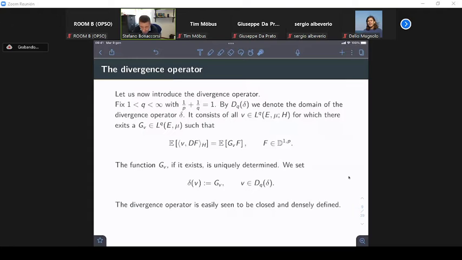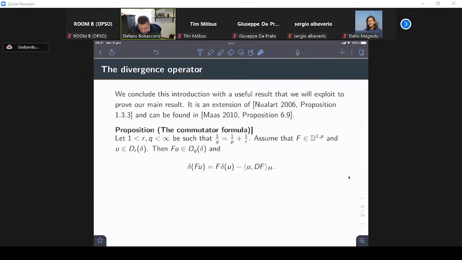Since the Malliavin derivative was given in D^{1,p}, now we will consider a domain D^q(delta). And delta v is just the operator such that the random variable can be put in this formula in order that this formula works. And again, you have the possibility of closing this operator. So this is closed and densely defined, and so we can use it later.